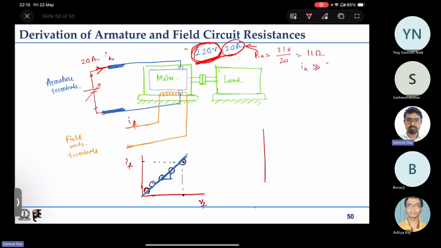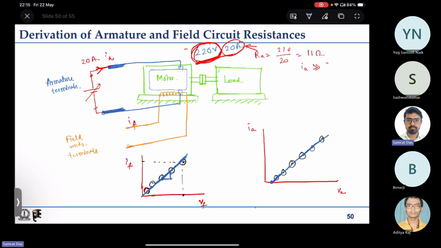The experimental method requires IA and VA, and if you do some experiments, you will get some experimental points like this, and if you join them, you will most possibly see some x intercept.